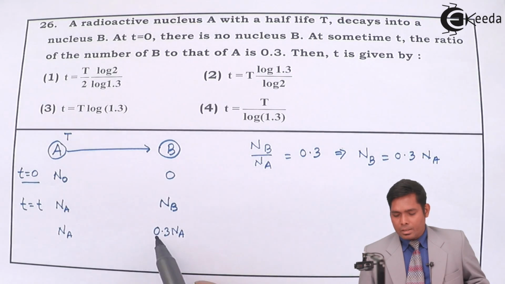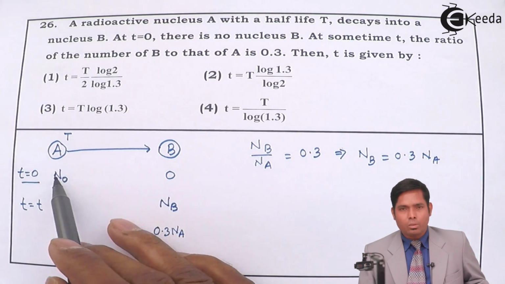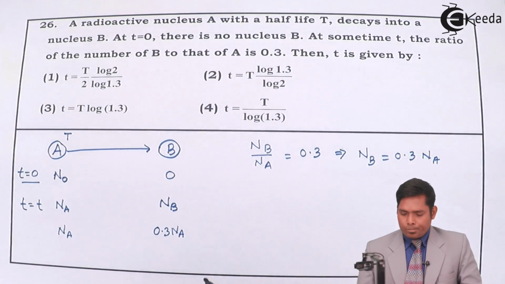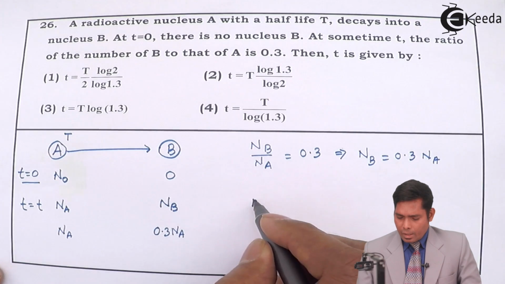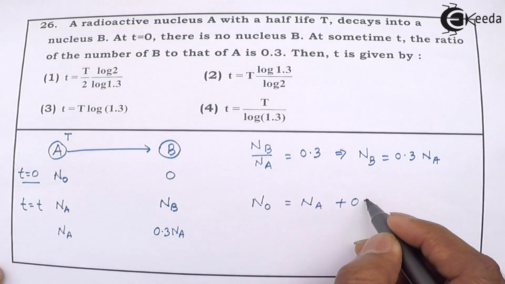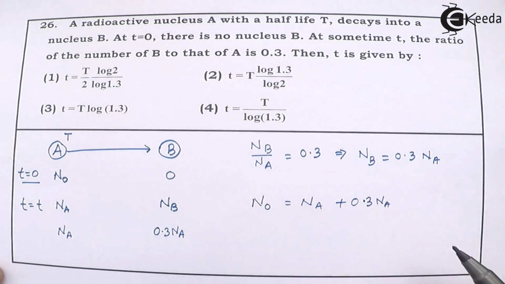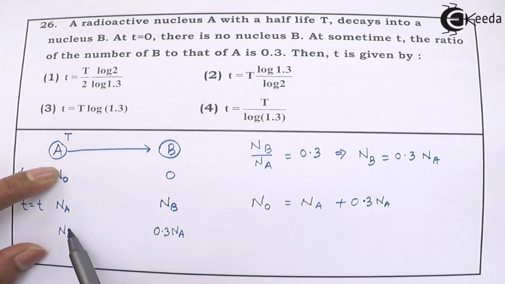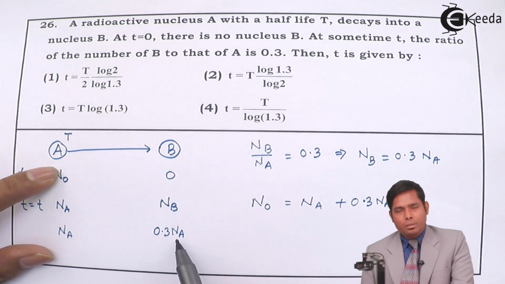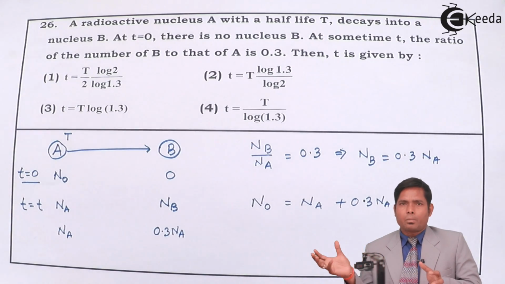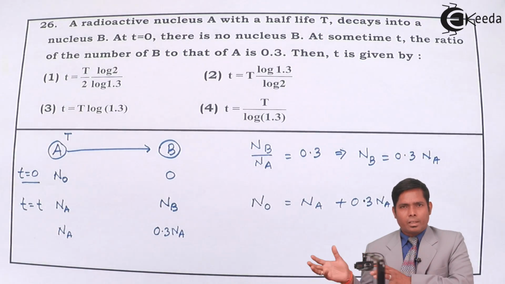So Na plus Nb must be equal to N naught, because the original value must be equal to the decayed value plus the present value. From here I write N naught equals Na plus 0.3 Na. Some part is Na and the remaining part is converted to B, because one nucleus is converted to another nucleus.